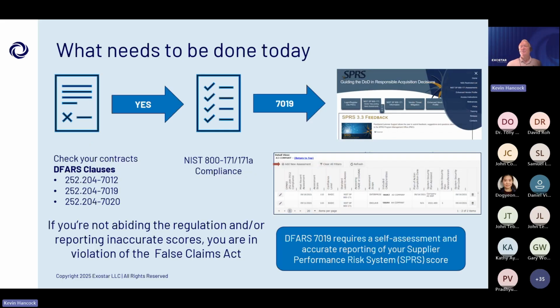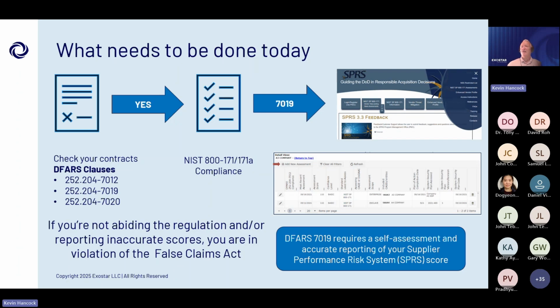All right, so with CMMC coming very soon, please be aware of things that you may have to do today to fulfill your contractual requirements. There have been clauses about requiring you to meet 800-171 requirements if you have controlled unclassified information for a number of years.